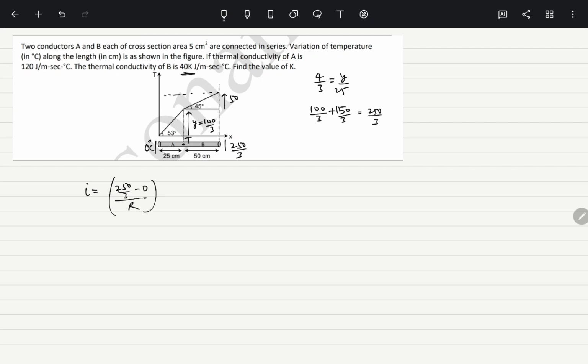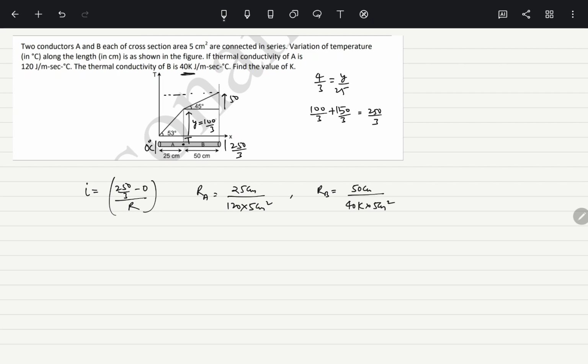Now we need to find the resistance of A. The formula is L by KA. So L is 25 centimeter upon K is 120 into A, where A is 5 centimeter square. And RB has length 50 centimeter upon 40K into 5 centimeter square.